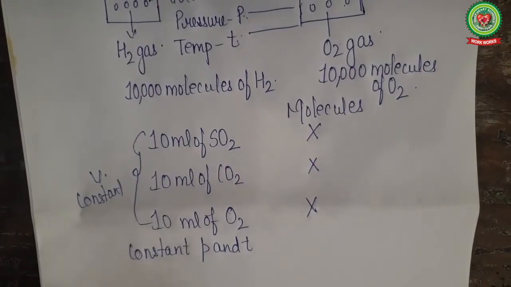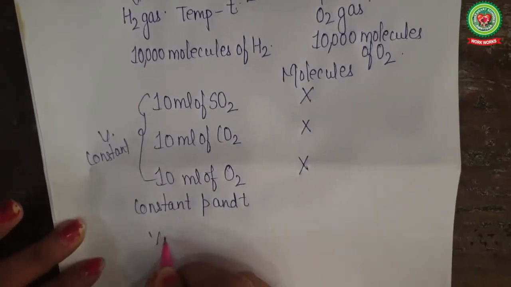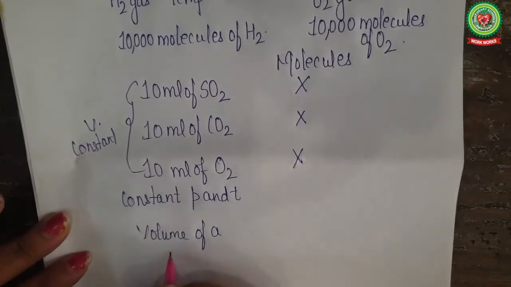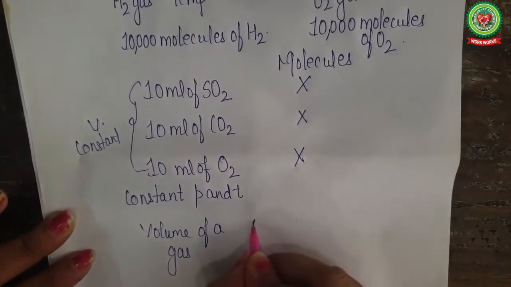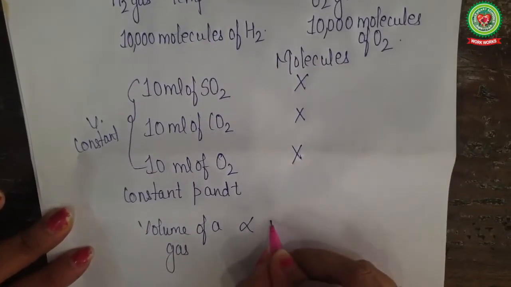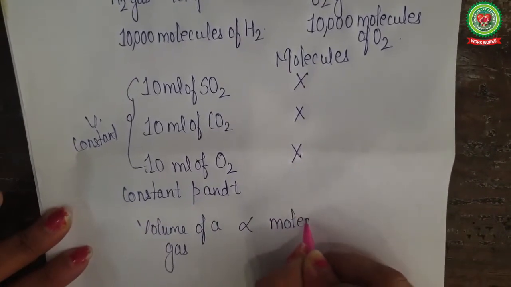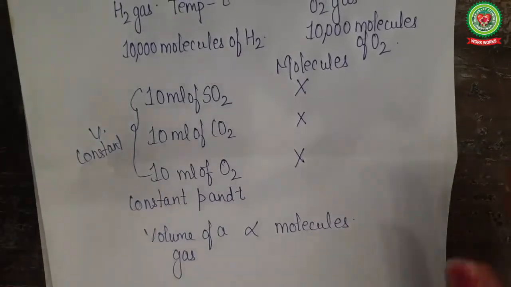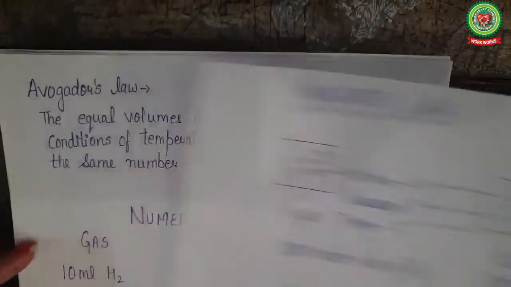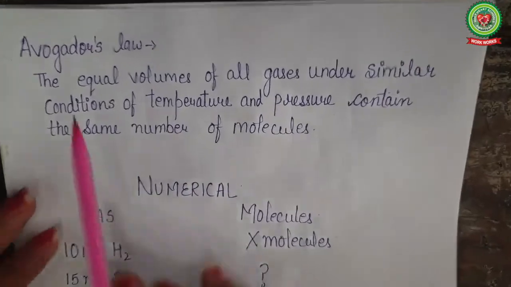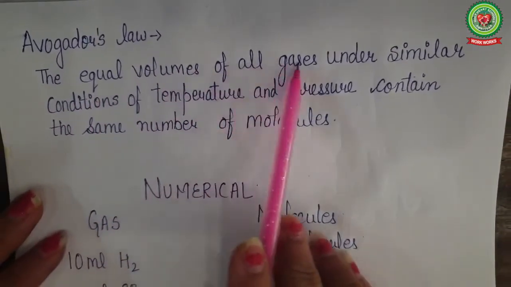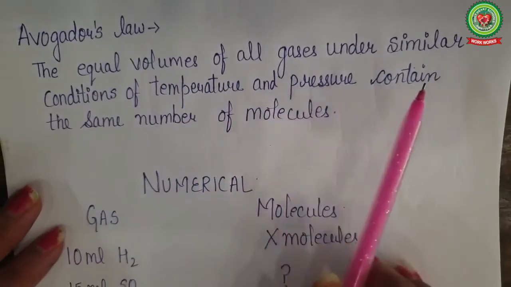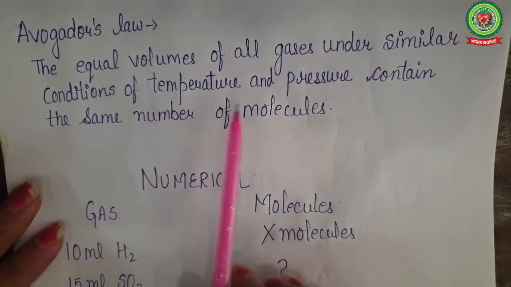So according to Avogadro's law, the volume of a gas is directly proportional to the number of molecules. Avogadro's law is defined as: equal volumes of all gases under similar conditions of temperature and pressure contain the same number of molecules.